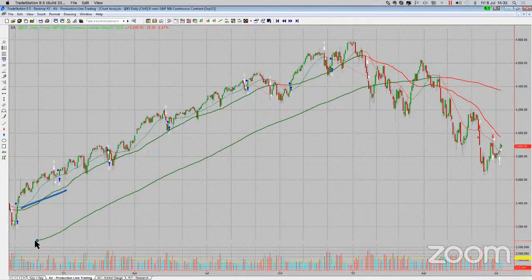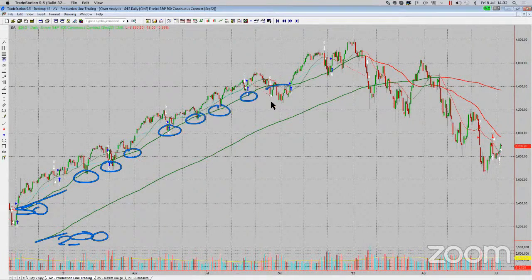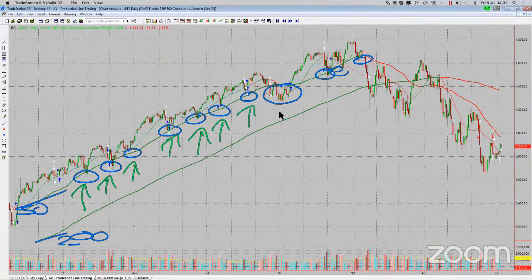So there's the 50, and I'm just going to focus on the 50 and the 200 just for speed and quickness. We've got 1 touch of the 50, 1 touch of the 50 there, 1 touch of the 50 there, 2 touches there, 1 there, 1 there, 1 there, big 1 there, 1 there, 1 there, and 1 there. So what we're looking at is these are all dip buying opportunities. These are buyable dips. I'm not looking at every down movement, but I am qualifying what I consider to be a buyable dip.